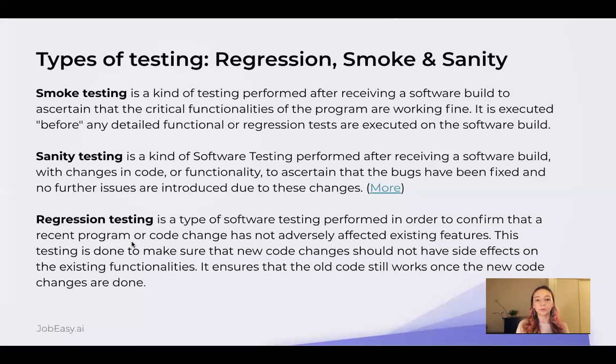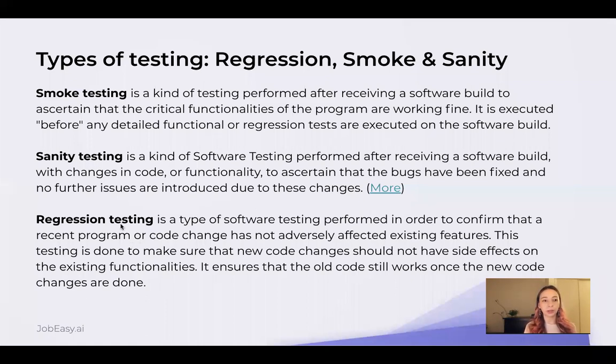So during regression testing, we're actually going to go through the whole application and verify that all old functionality still works and it is not broken after the changes have been implemented into the build, right?